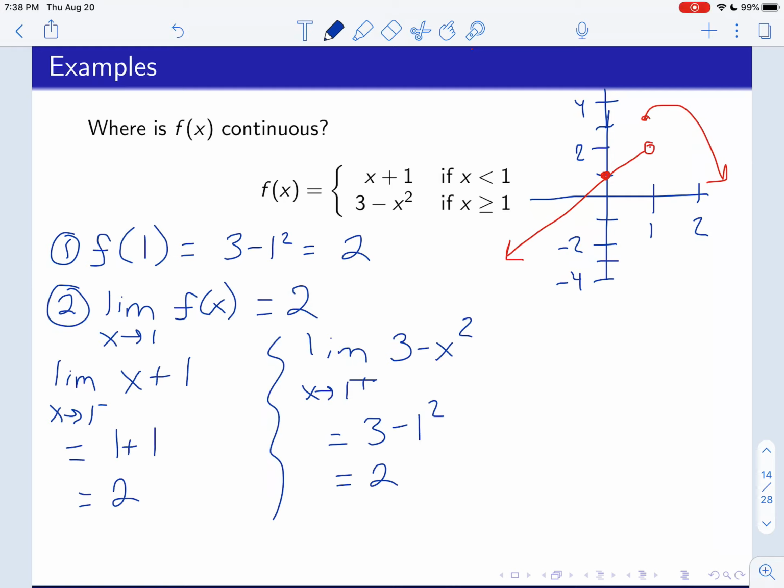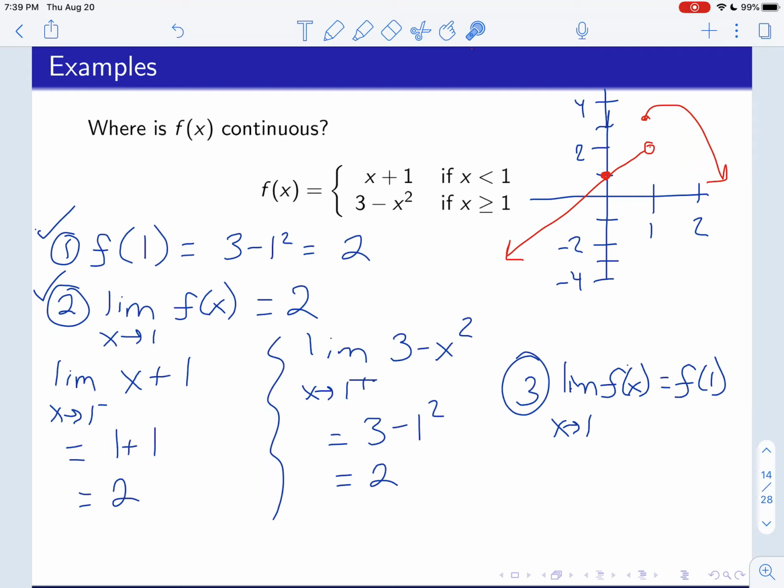So there are the first two parts of my checklist. 1 checked and 2 checked. It existed. And then I ran out of room over there. But remember, the third part of our checklist was that the limit equals the function value.